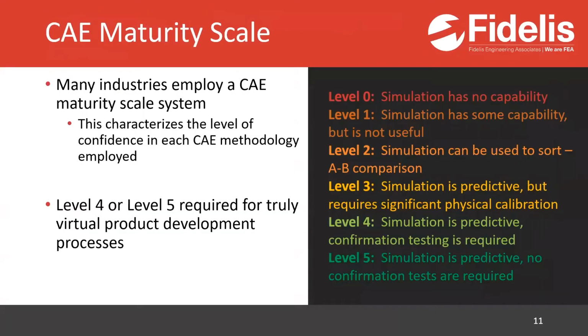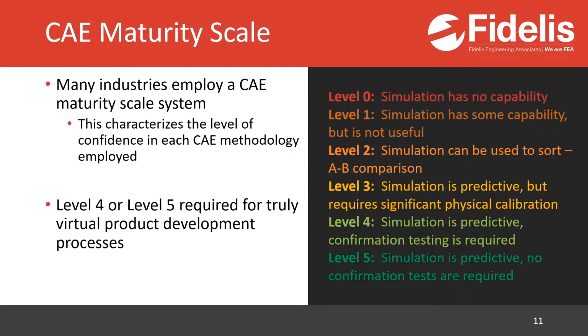Before we go any further, it's useful to introduce the CAE Maturity Scale, or the idea of it. And what we're looking at here is a way to characterize how much faith we have in our CAE methodologies, starting at 0, where we say we just cannot simulate this at all. Level 1 might say, well, we've got some capability, but it's not really very useful.